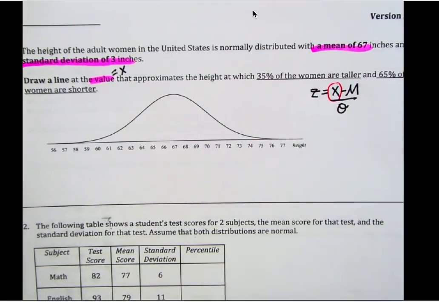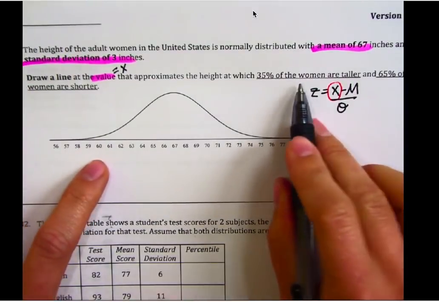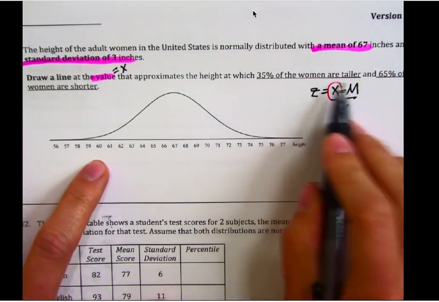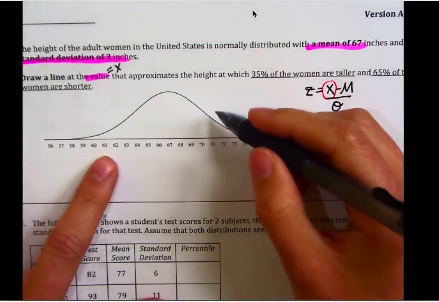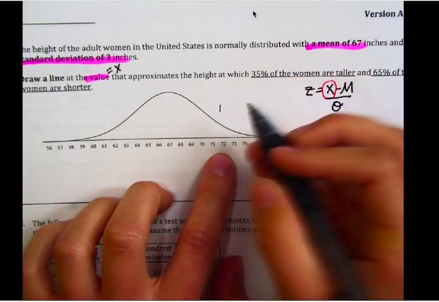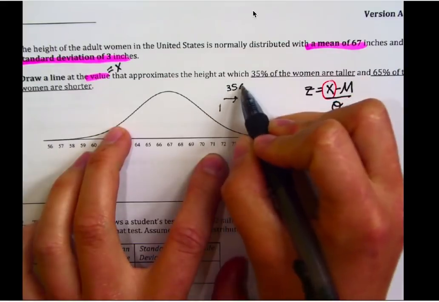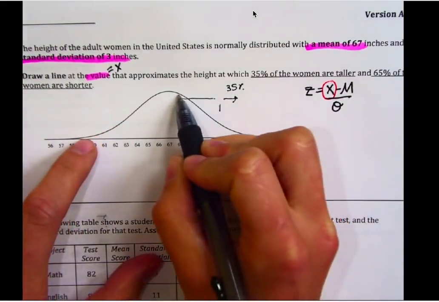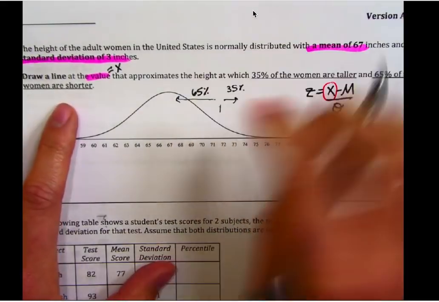find the value. Okay, so they're saying here we want to know the value at which 35% of women are taller and 65% are shorter. So I would say it's going to be somewhere over here where we have 35% that are taller, and then we have much more that are shorter, 65%.